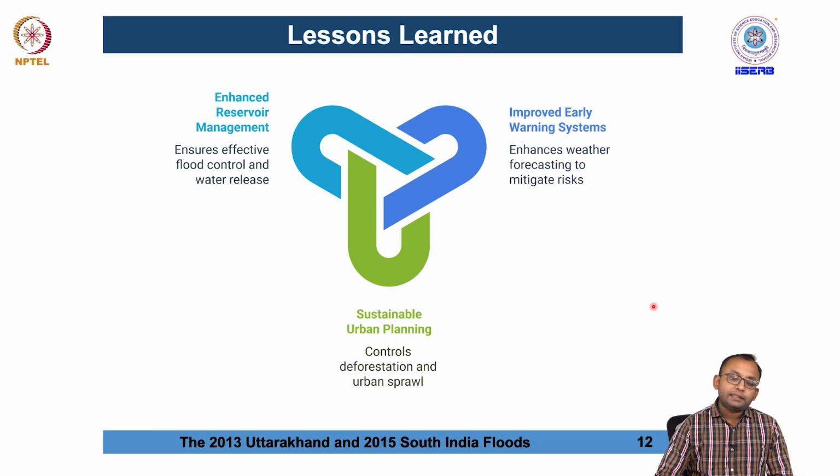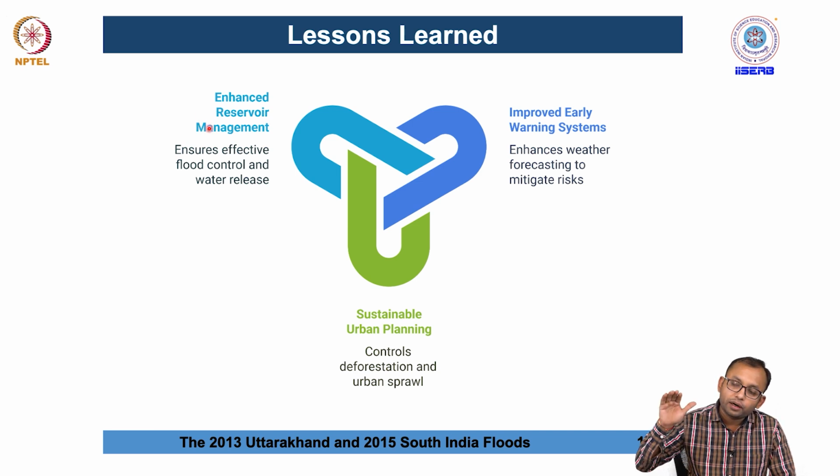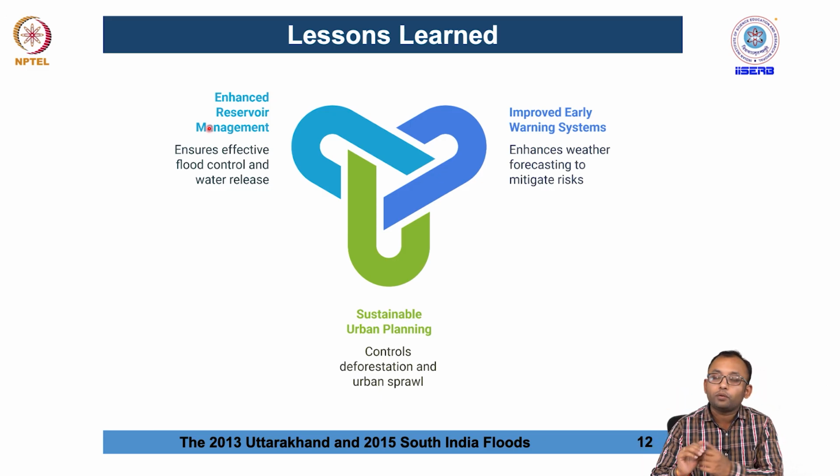What are the further lessons we have learned from these different case studies? One of the primary reasons behind the southern Indian flooding events was reservoir mismanagement. So we have to think about enhanced reservoir management, so that we can mitigate the effect of floods, or we can store the excess water during the high flows so that the downstream part will not be affected significantly.